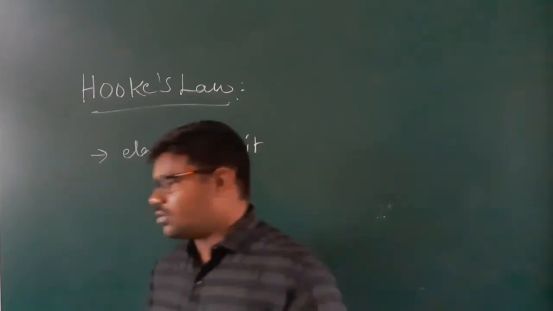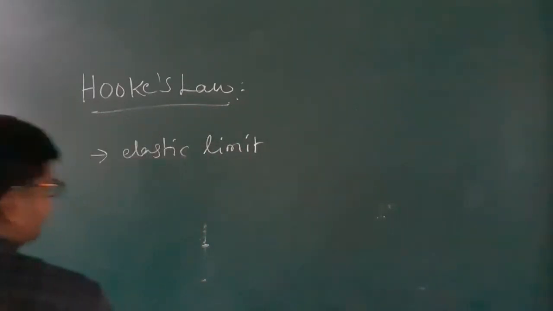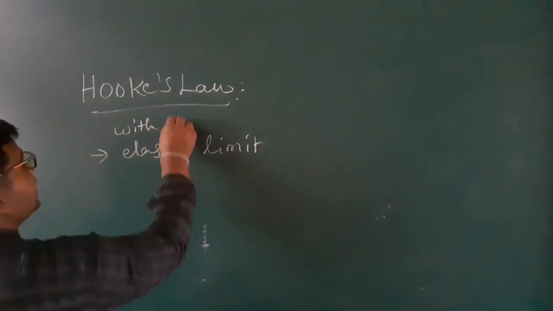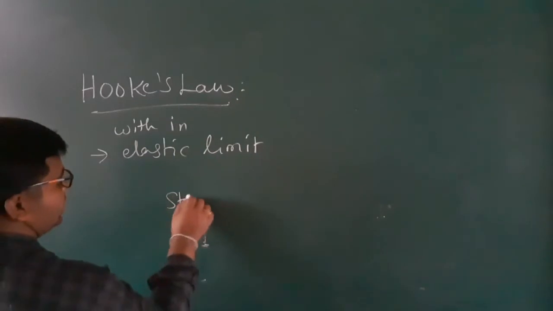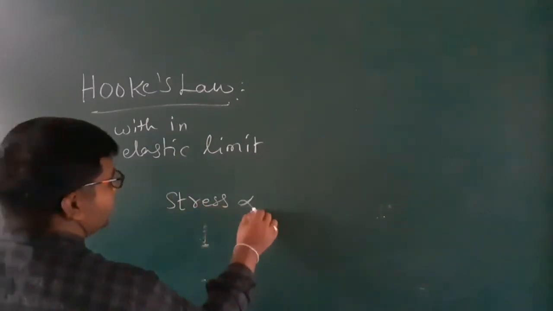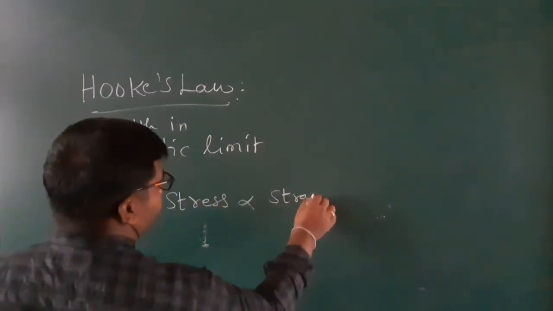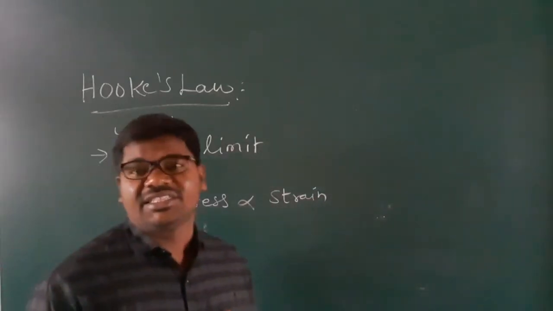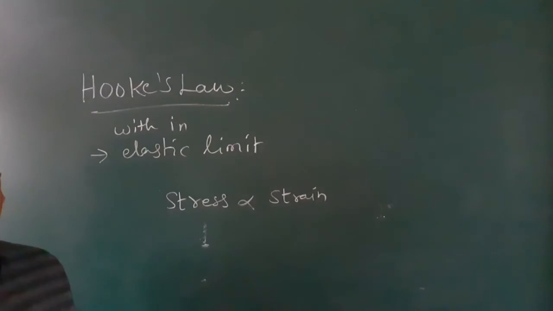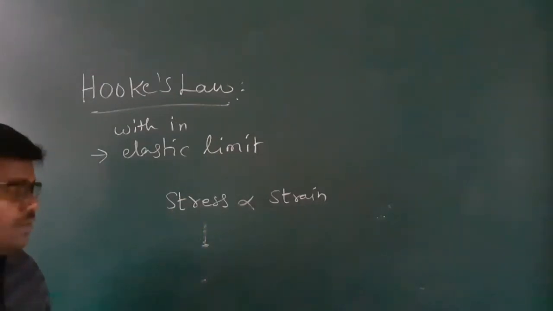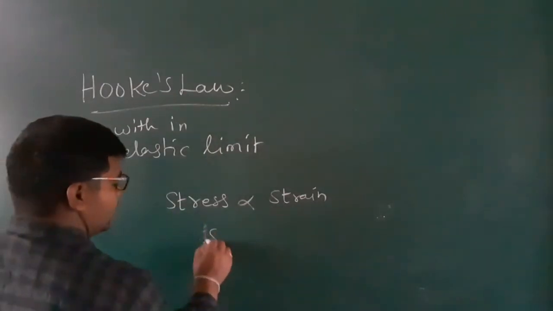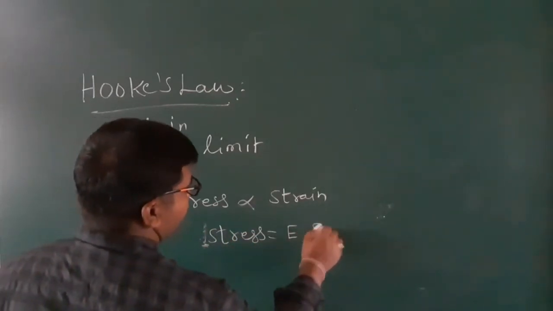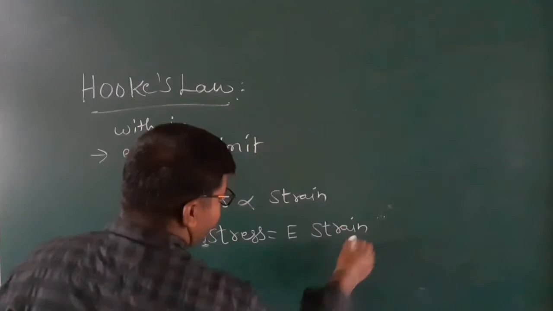Understand? So here Hooke formulated that within the elastic limit, stress is directly proportional to strain. This is called Hooke's law. So stress is equal to E into strain, where E is a constant.